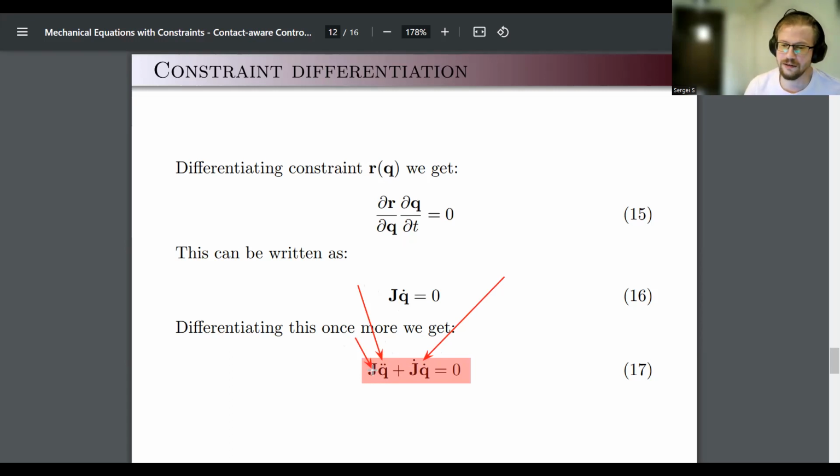Q double dot will have a particular solution in this linear equation, and will have a null space of solutions. Q double dot will live inside this null space, which is a linear space. But since this is an affine equation, this linear space would be shifted from the origin based on this factor. All right.